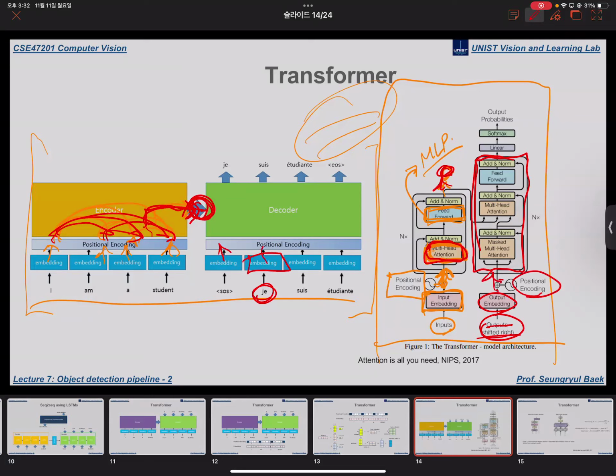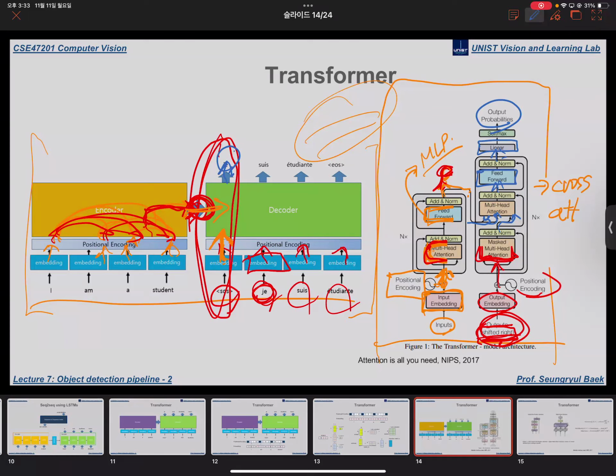So you have to see these arrows carefully. And then we map it to some output by applying subsequent MLP and linear layers. So that's showing how we estimate the output for these signals.